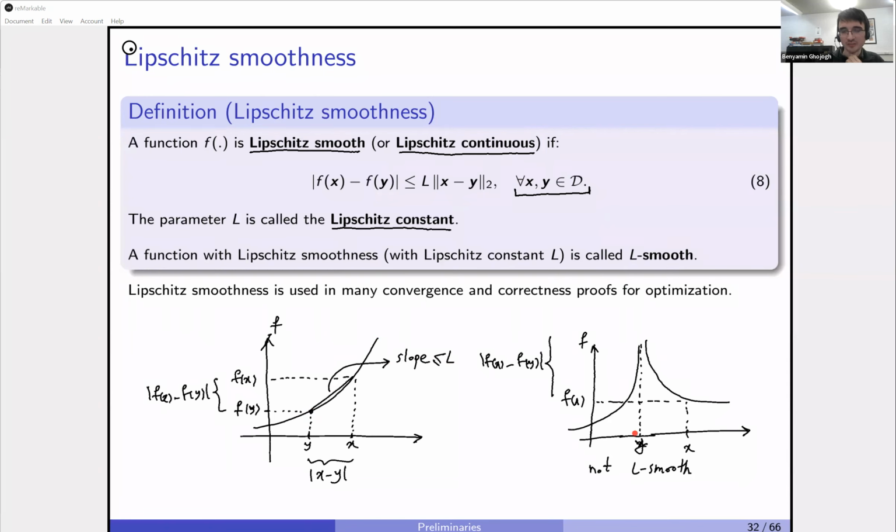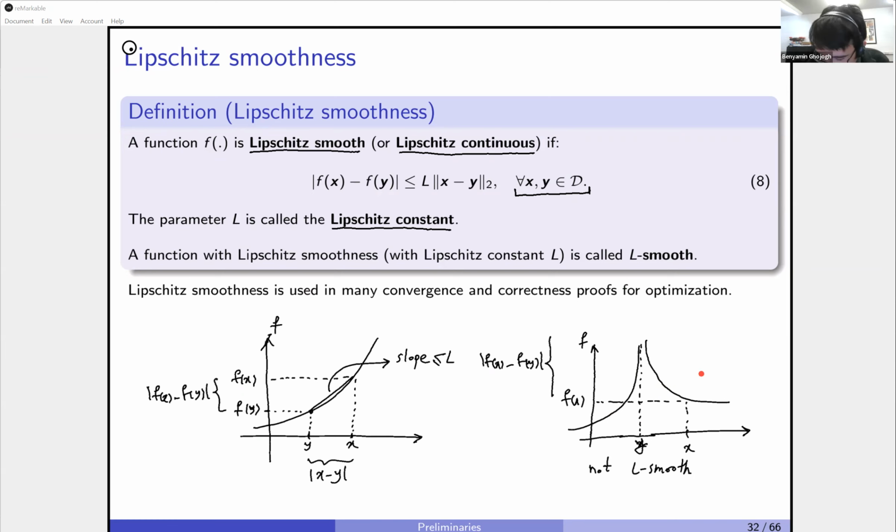But this function, for example, goes up suddenly and its slope becomes very high. Then you can see that its slope is not less than or equal to L. Or otherwise, L becomes very high. The upper bound on the slope is very high. Therefore, this is not Lipschitz continuous or L smooth.